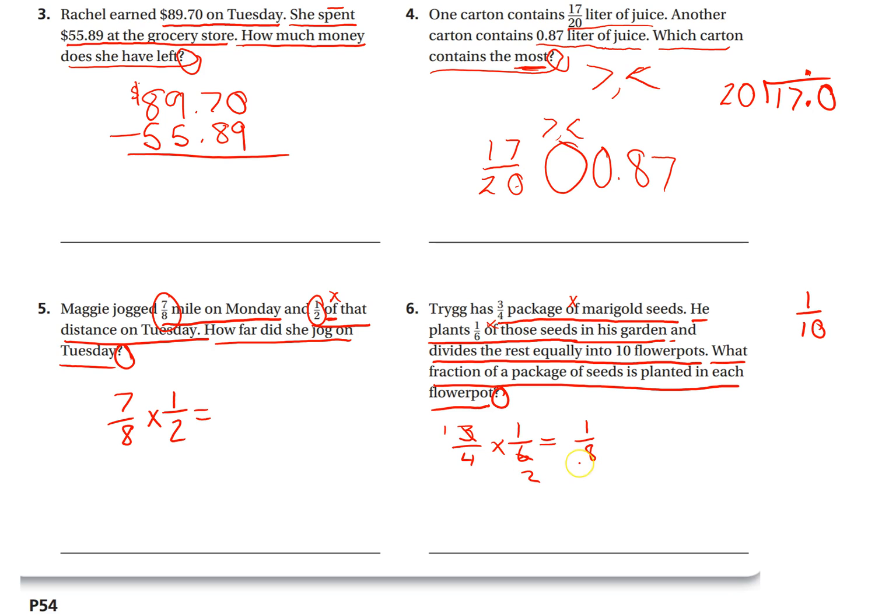What I've done so far is fine. But I took that 1/8 and, not slowing down, just going, okay, I did that part, now I go on to the next part, I just took that 1/8 and I divided it by 10. Okay, no problem, just do copy, change, flip, right? So 1/8 times 1/10, because 10 is the same thing as 10 over 1. And so I got 1/80th.